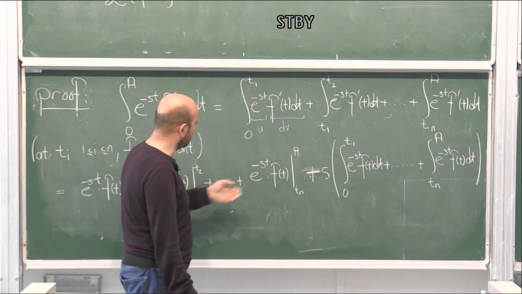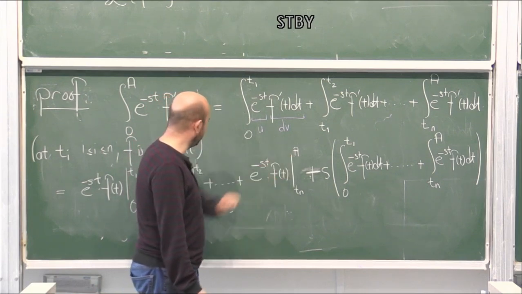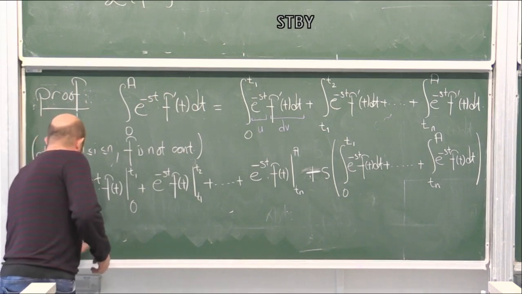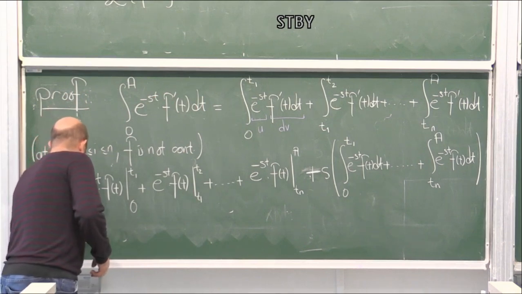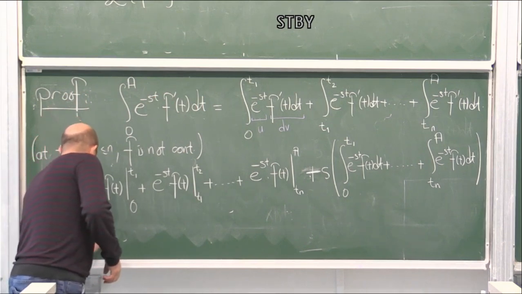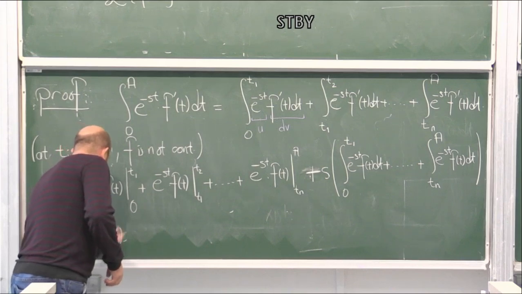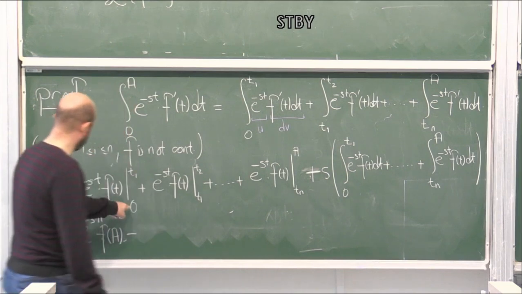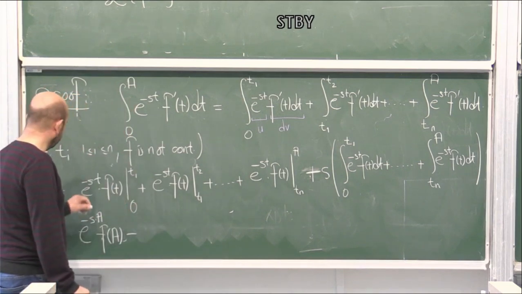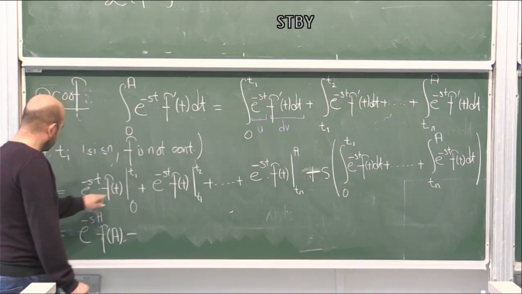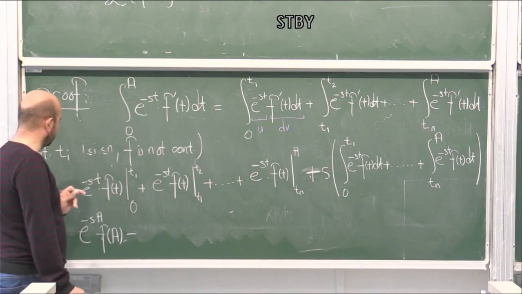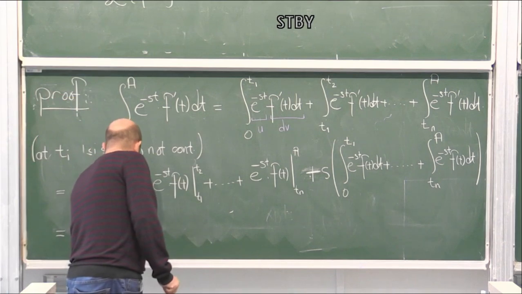What is remaining? Just this a and this 0. So then we will have e to the minus s a times f of a, and minus, because it is the bottom boundary, if I plug in 0, this is f of 0, e to the 0 is 1, so we have f of 0.